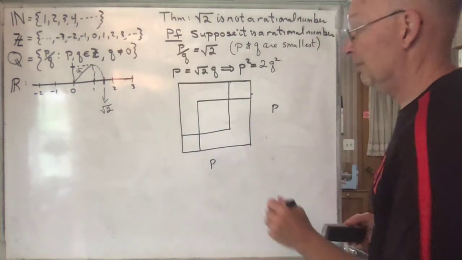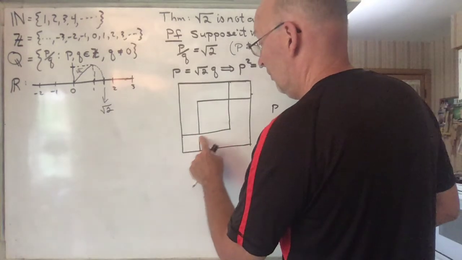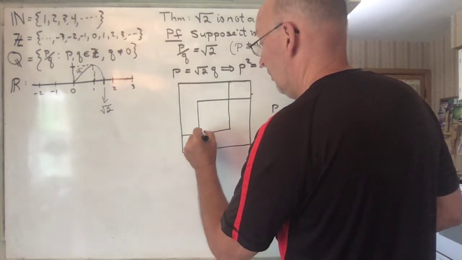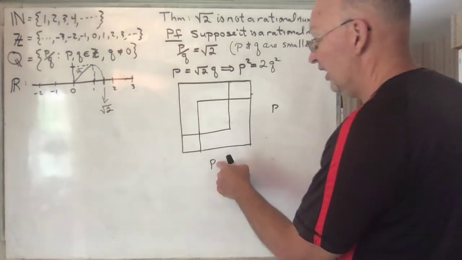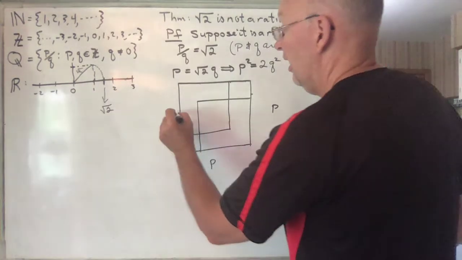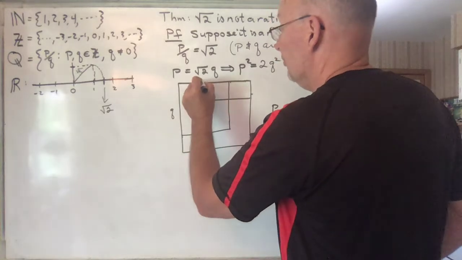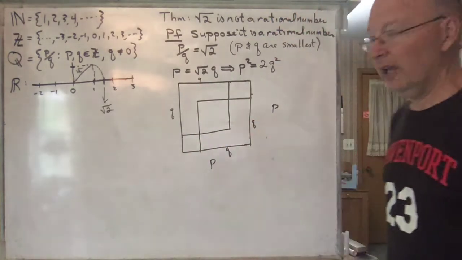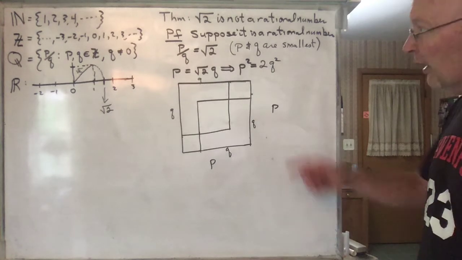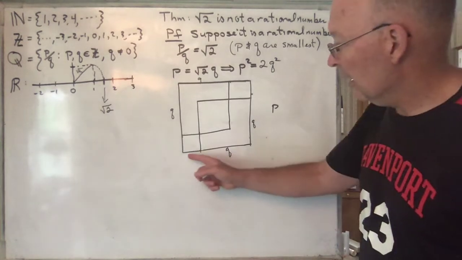Like so. Okay, so this side has length p, and this side right here, these small ones, are length q. I'll put them like that. Okay, you with me?